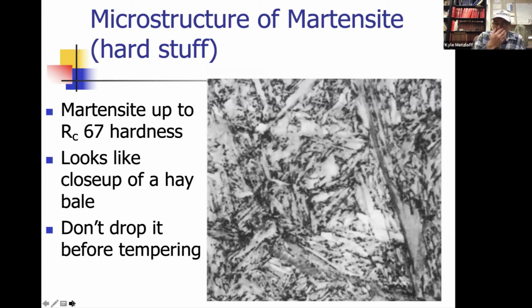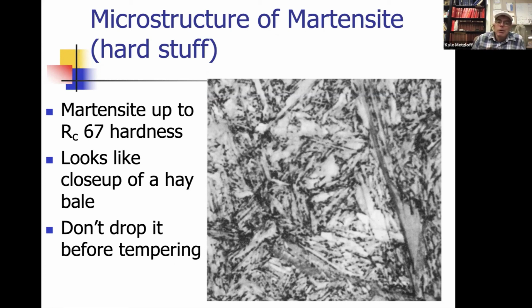Now, under the microscope, it looks like you put your face about a foot away from a bale of hay. It looks like little feathers going in all random directions. It's showing you that the whole structure is messed up. You can't even see the grain boundaries because it's so messed up. The maximum hardness you can get is Rockwell 65 to 67.